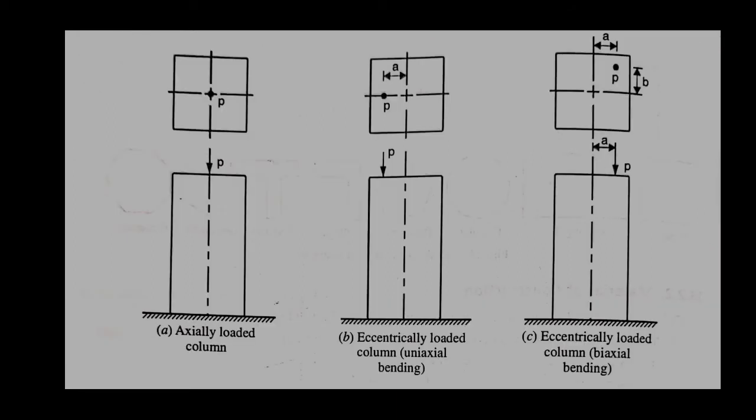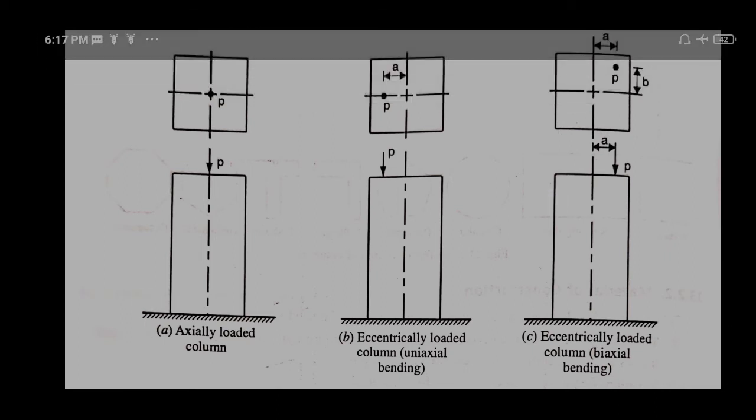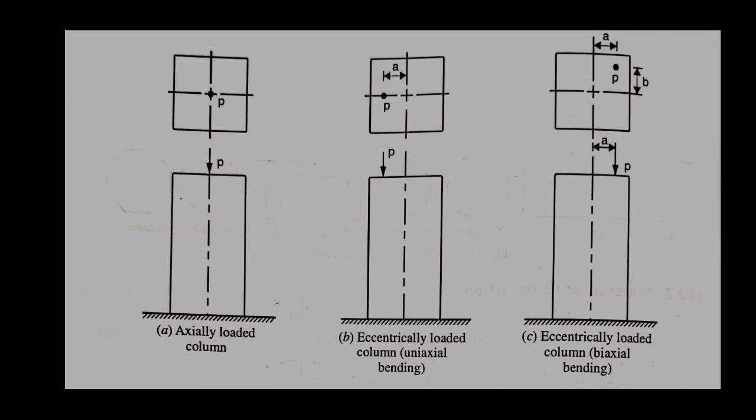Column may be further classified based on the type of loading. In figure A, this is an axially loaded column, as you see. Now, what is an axially loaded column?